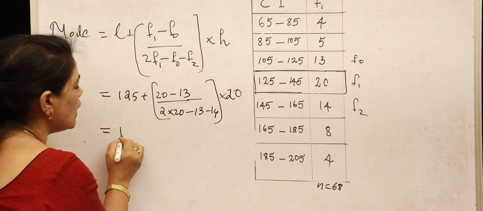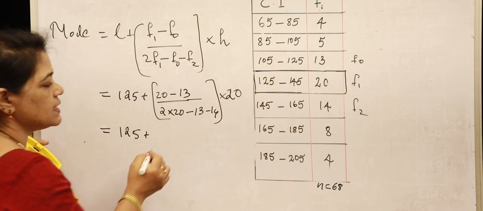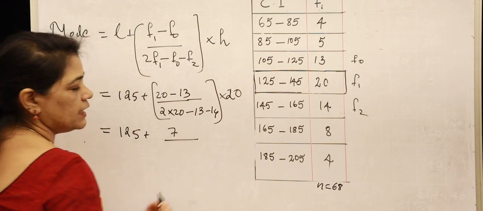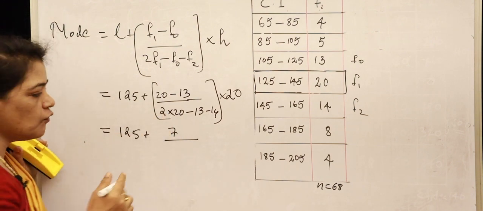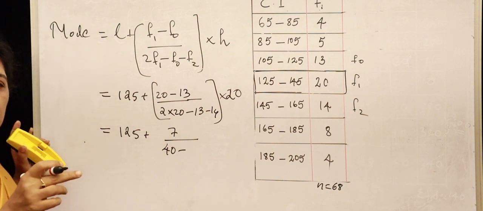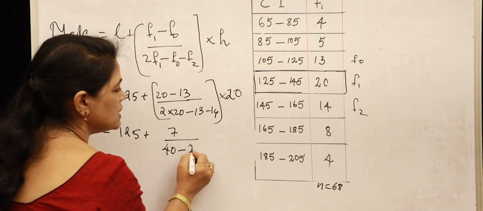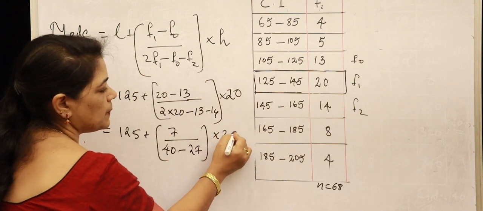So 125 plus 20 minus 13, that is 7, divided by, in the denominator, 2 into 20, 40, minus 13, minus 14, that is minus 27, into 20.